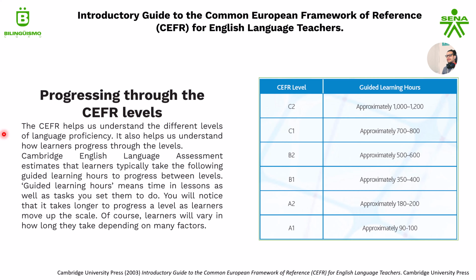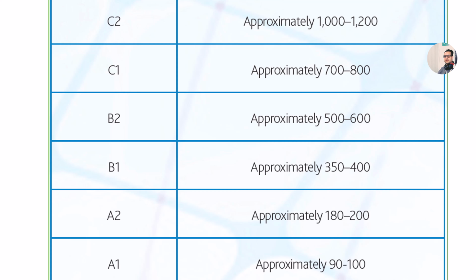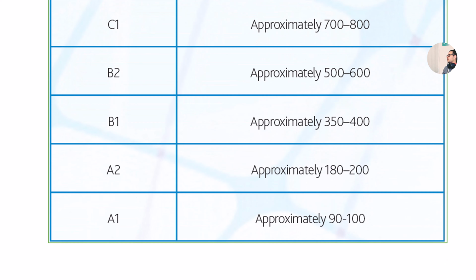This is the work of like 15, 20 years of linguists, anthropologists, sociologists, pedagogists, everybody focused on education, people who create curriculums and everything, and they all agree that these are the hours that a person needs in order to develop their language proficiency. I mean, only for A1 level, you need from 90 to 100 hours of face-to-face classes. This is not considering your autonomous work. This is only face-to-face classes.